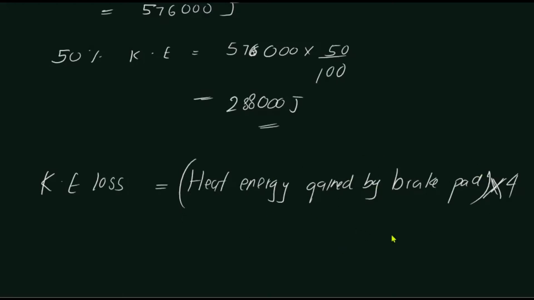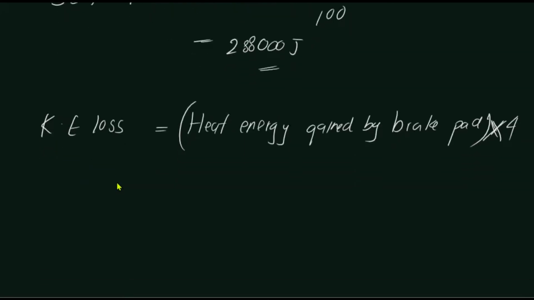Actually, all 4 brake pads absorbed this kinetic energy loss. So 288,000 joules is equal to m c theta. What is the mass of a brake pad? The mass of a brake pad is 8 kilograms, and the specific heat capacity of a brake pad is 600 joules per kilogram. So this is the temperature rise, delta T, into 4.